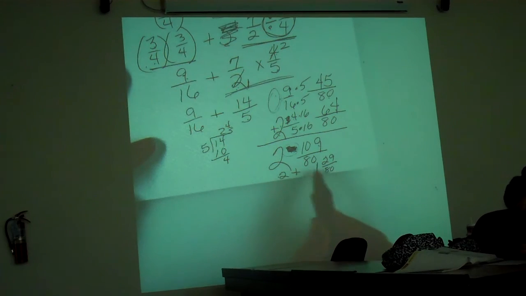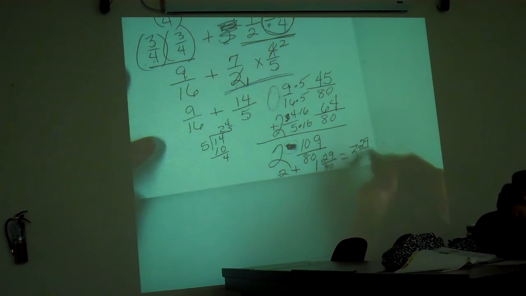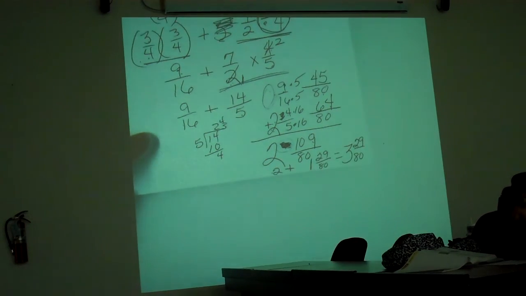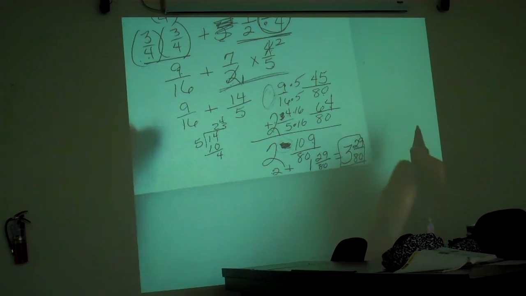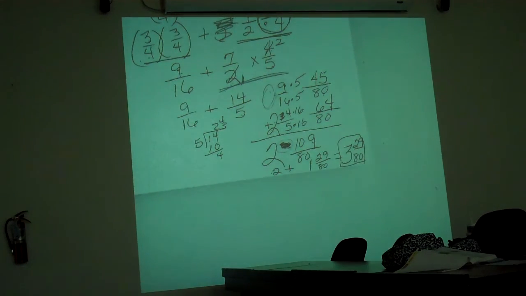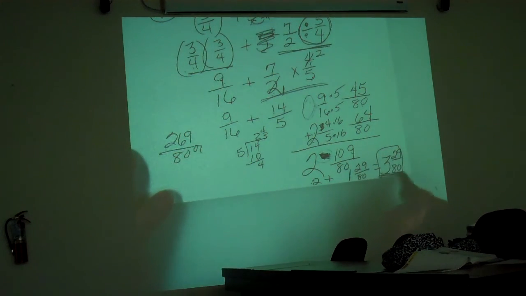So you have 2 plus 1 and 29 over 80, which comes out to 3 and 29/80ths. And that will not reduce. Number 10 in my book, it says it could either be 269/80ths or this answer that we got right there.